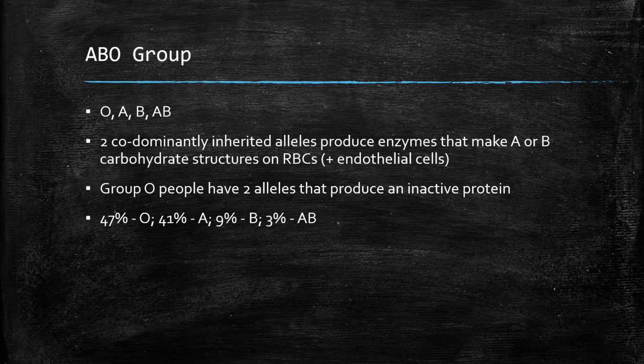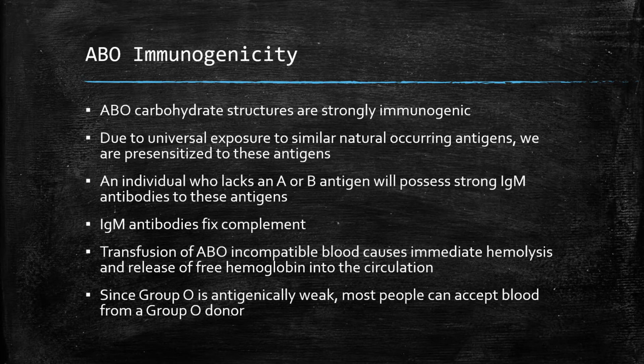Now, people who are group O have 2 alleles that produce an inactive protein. So in other words, they're unable to construct either an A or B carbohydrate structure. The ABO carbohydrate structures are highly immunogenic. In fact, these antigens are ubiquitous throughout nature, and so we are born pre-sensitized to the antigen that we lack.